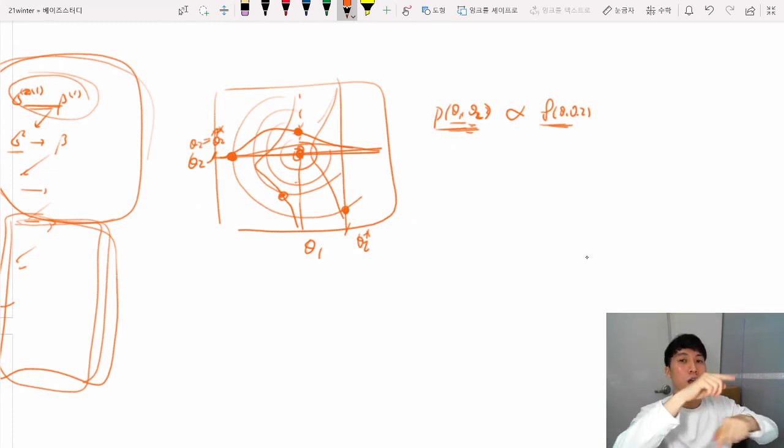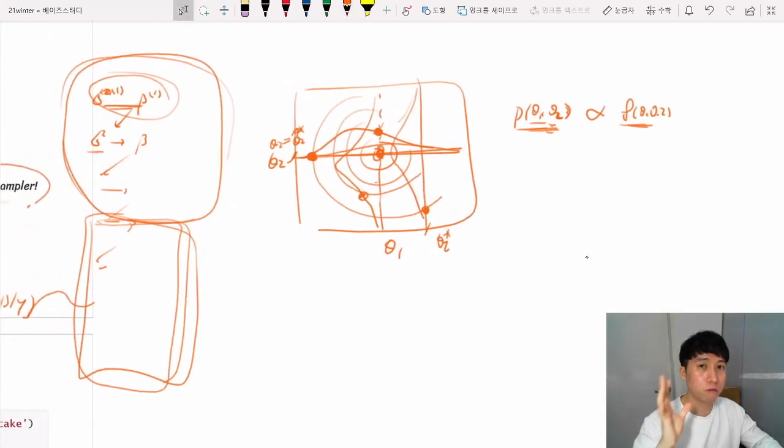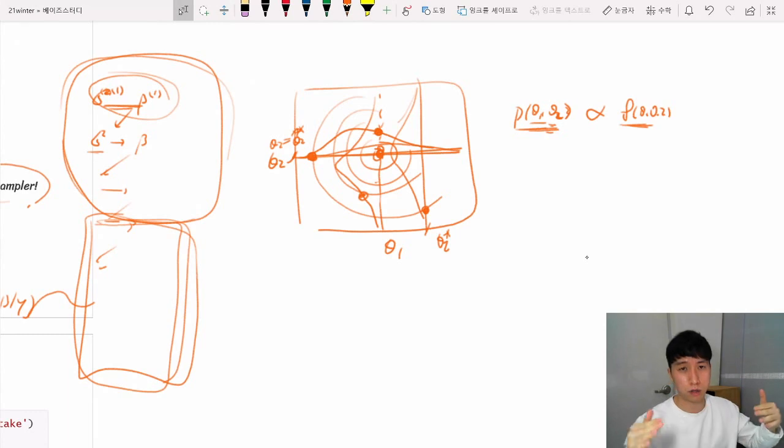You can do a contour plot of the mountain. That is the idea of Markov chain Monte Carlo methods in general, and Gibbs sampling is a special case of MCMC, where you are given only the conditional posteriors, right?